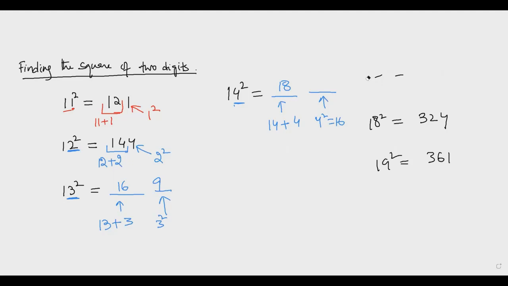Now, since 4 square is 16, I cannot put 16 here and the carry over there. This is wrong. So what we have to do is write 16 like this: 6 here and carry the 1. So 18 plus 1 is how much? 196. Is that okay?